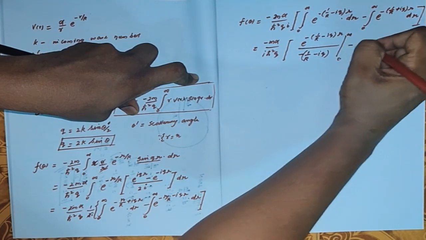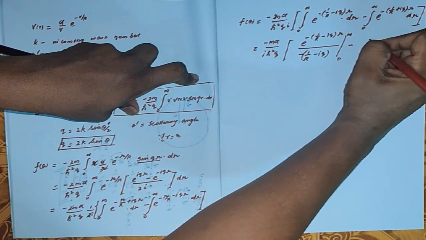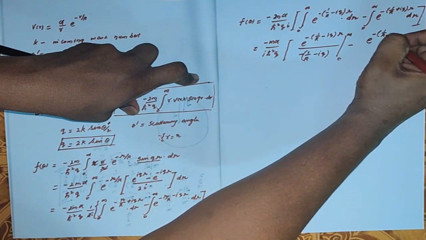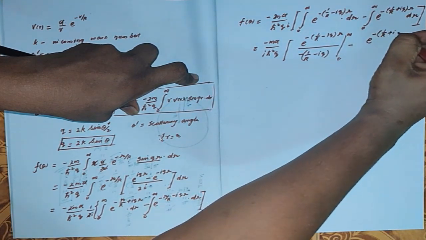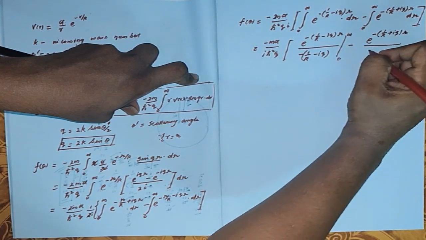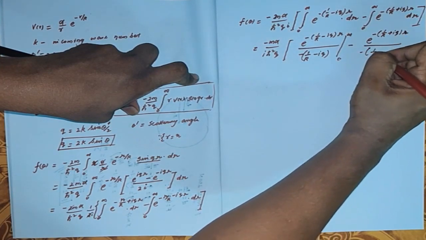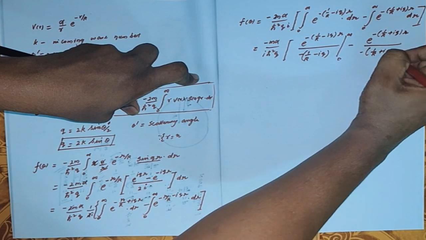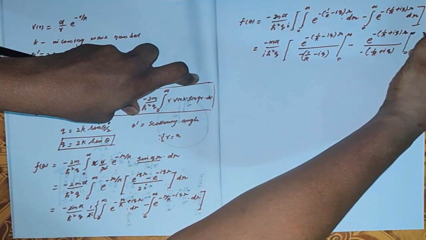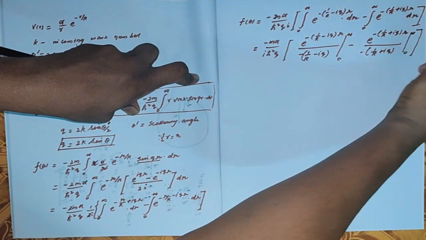In a similar manner, the sine integration will give the same exponential of minus (1/r plus iq) small r divided by minus (1/r plus iq), with the integration from 0 to infinity. Close the bracket.